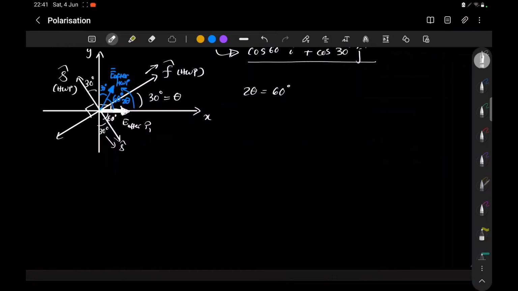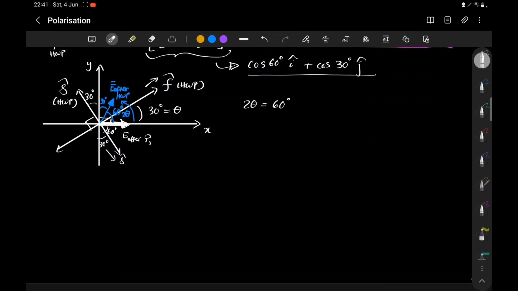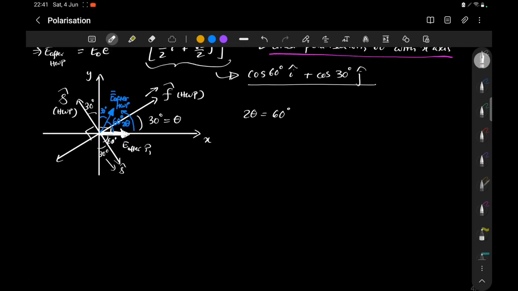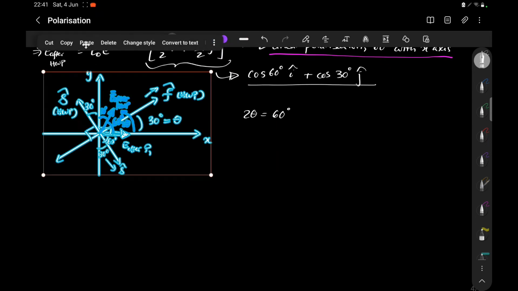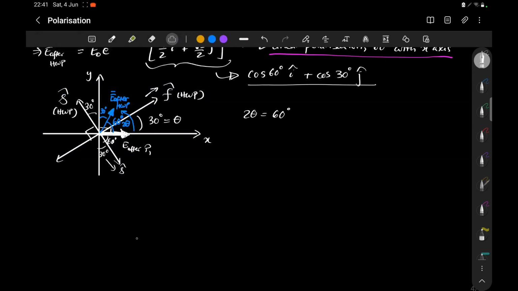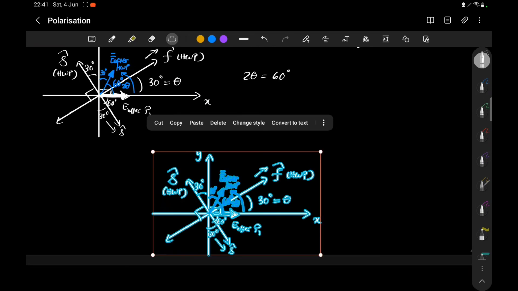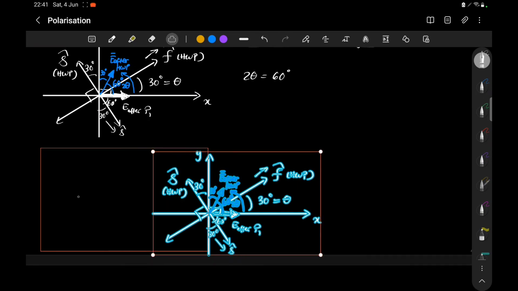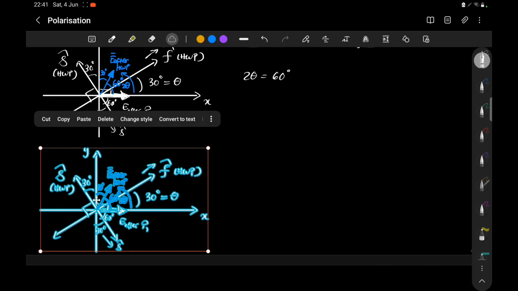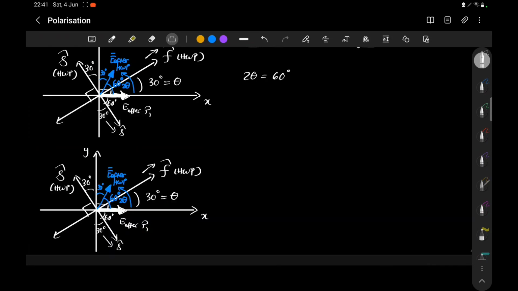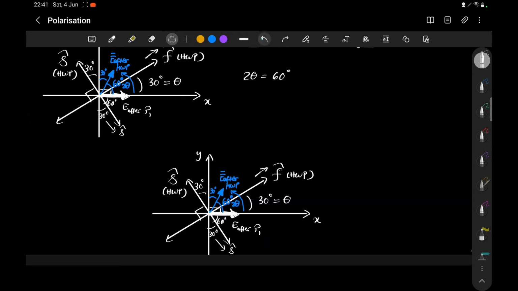If we draw this diagram again for the quarter wave plate, or maybe I could draw a new diagram.